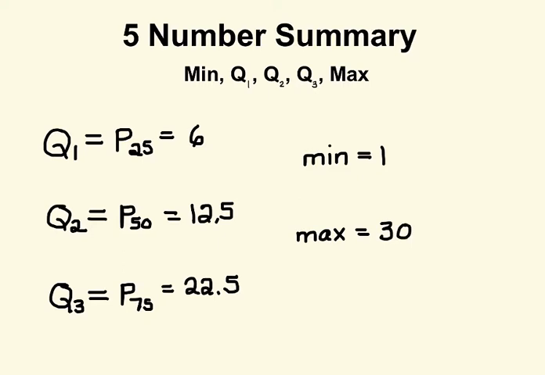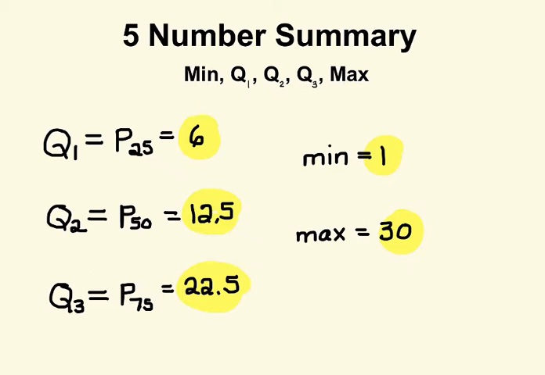These values, 1, 30, 6, 12.5, and 22.5, represent our data set. Of course, the 12.5 and the 22.5 are the average between two values. This 5-number summary describes our data.